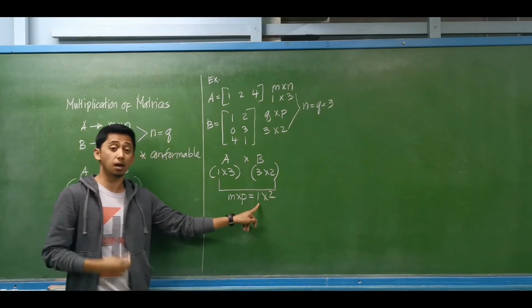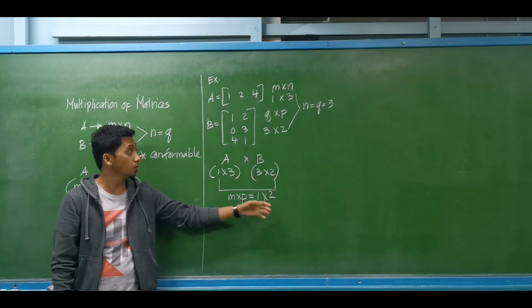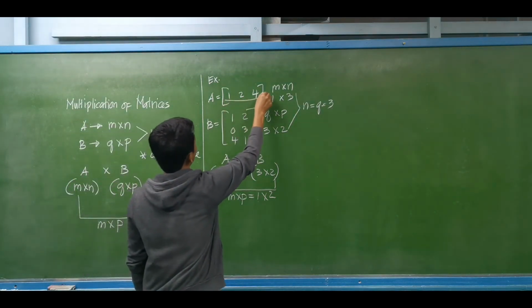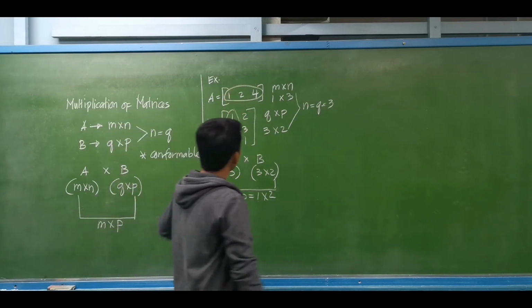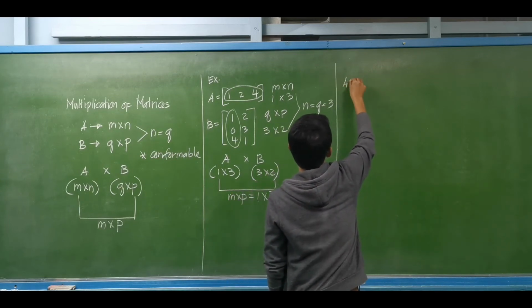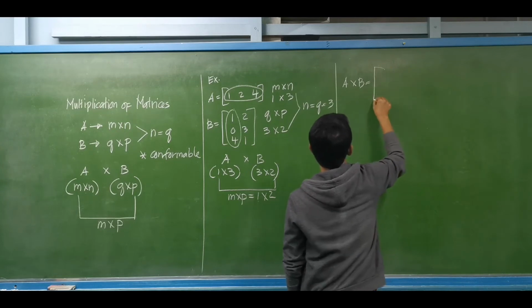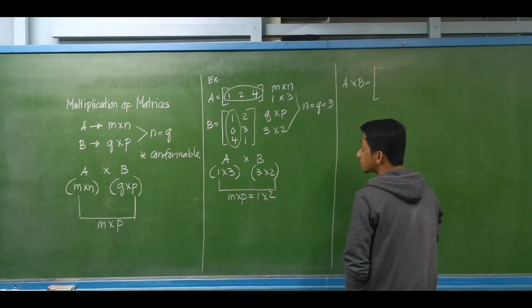We are expecting a resulting matrix with a size of 1 by 2. So basically all we have to do is multiply the row of matrix A to the columns of matrix B. So let us solve for matrix A multiplied by matrix B. This is equal to, again, we are expecting a 1 by 2 matrix.